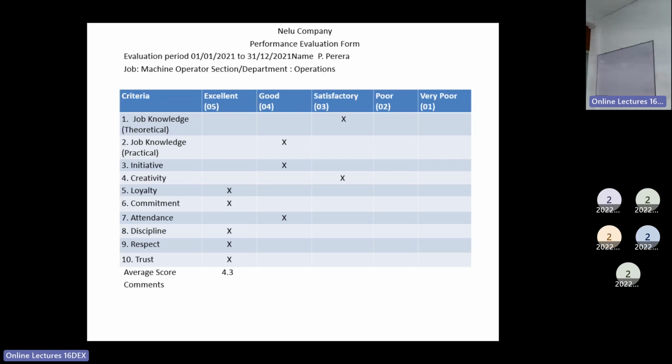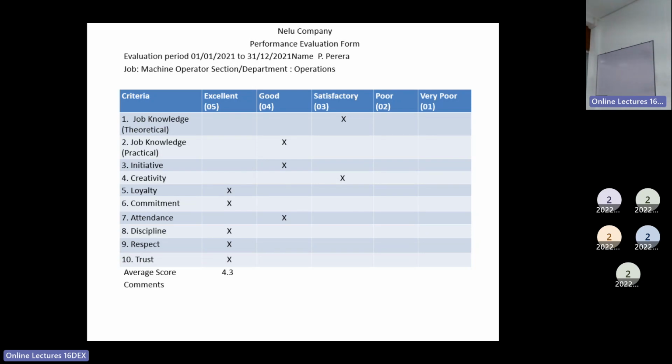He's working for the Department of Operations. There are 10 criteria. The evaluator is supposed to give his subjective evaluation on the scale from excellent to very poor for all these criteria.